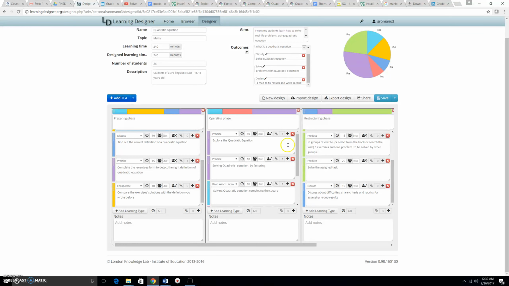The operating phase is mostly a phase where they have to practice what they have learned. So for this phase, I used a very nice site that is Math Is Fun, where they can explore the quadratic equation.